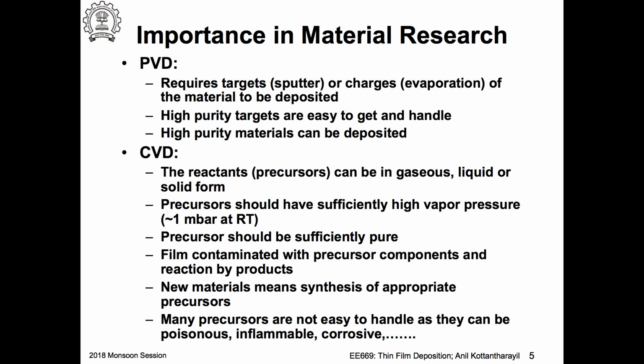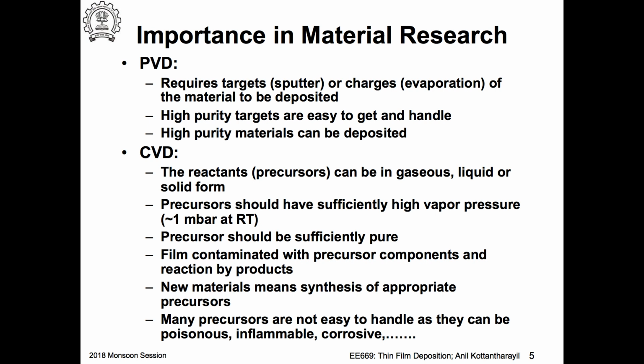I can machine them. So, for example, for an Applied Materials tool here, we got this huge block of aluminum, got it machined in Thane, nearby, and used it in the tool. So, you can actually get them and handle them very easily. For example, gold. The lab uses a lot of gold. Okay.